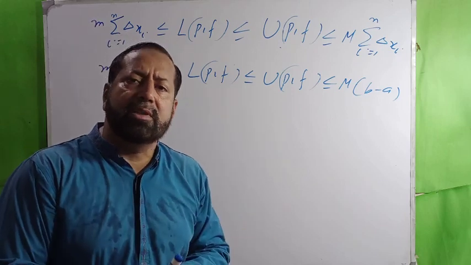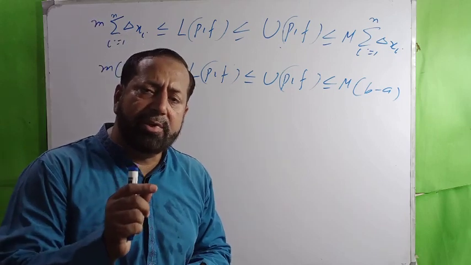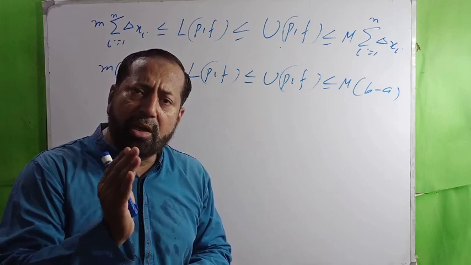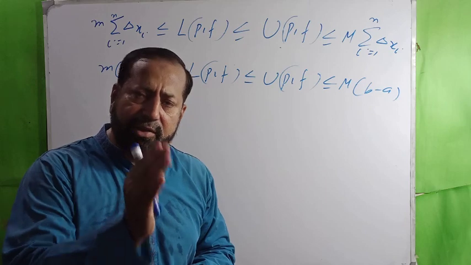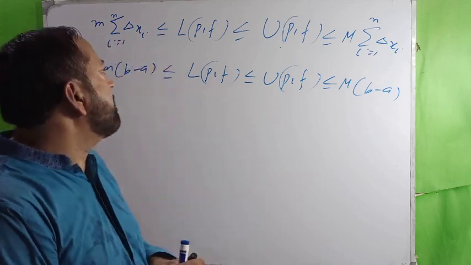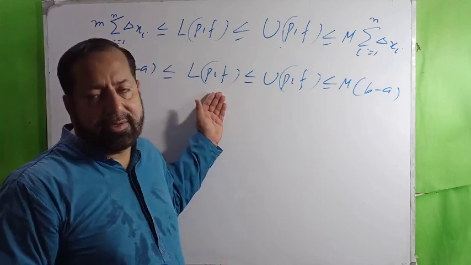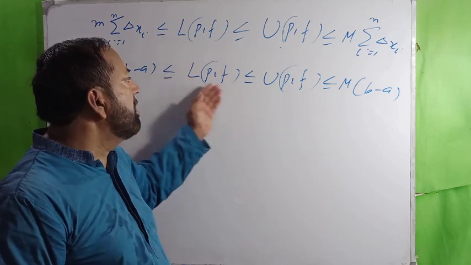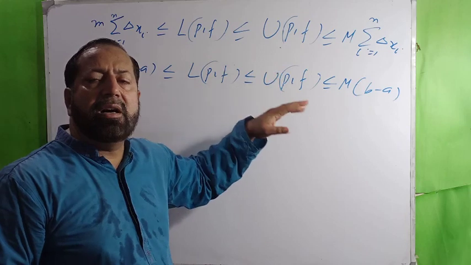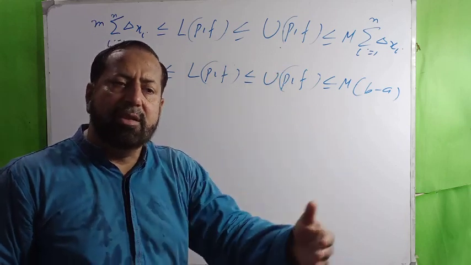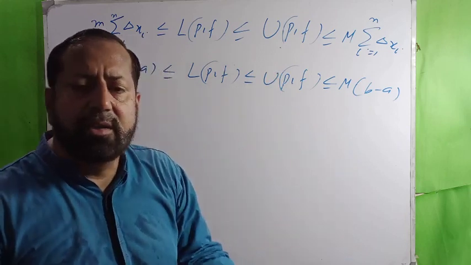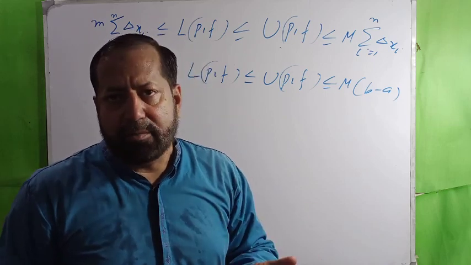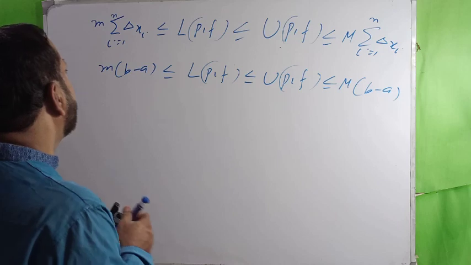If f is bounded on [a,b], then both upper and lower sums exist. Okay, and their sets are in fact bounded sets. The sets of lower sums and sets of upper sums are in fact bounded sets. Since they are bounded sets, you can find their supremum and you can find their infimum. Okay, right.